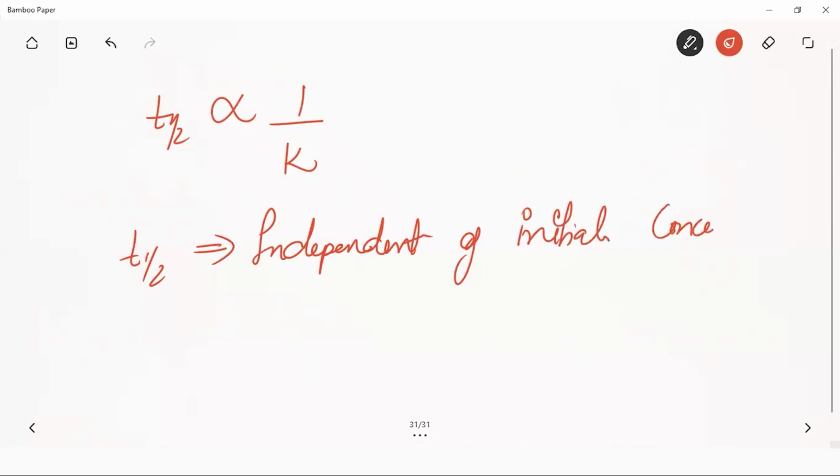There is nothing, right? It is independent.